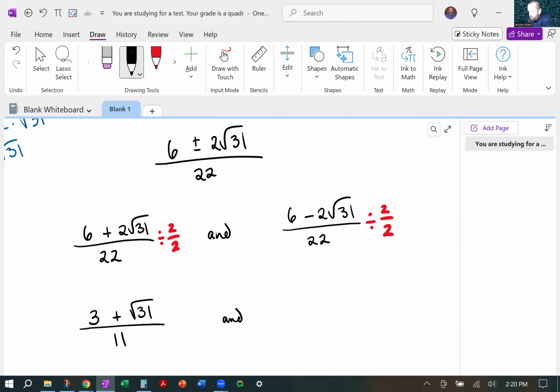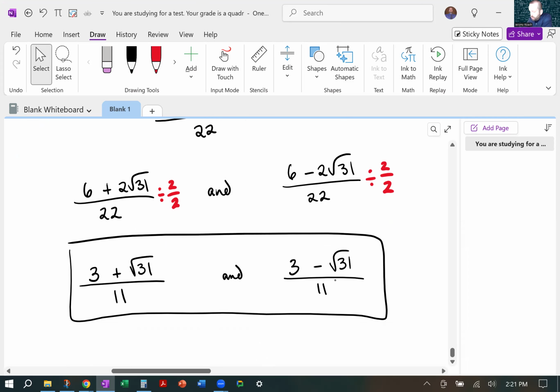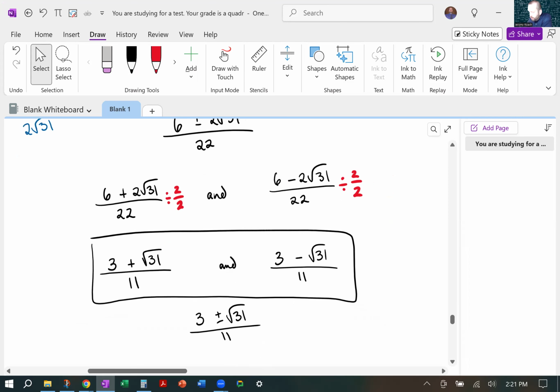And we'll write the other one there: 6 divided by 2 is 3, 2 divided by 2 is just 1, and this is minus root 31 over 22 divided by 2, which is 11. So those are our two answers. You could also write it as 3 plus or minus root 31 over 11.